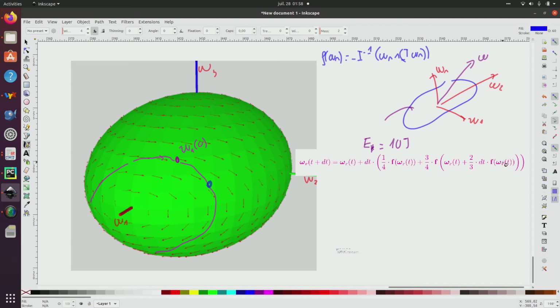So this is my function f, and it is a Runge-Kutta iteration. I compute first this, and it will predict where I will be a time step further, and I will do an average between this vector and this vector, which will provide a good integration. So I will be able to compute omega r at time t plus dt, where dt is small, from omega r.